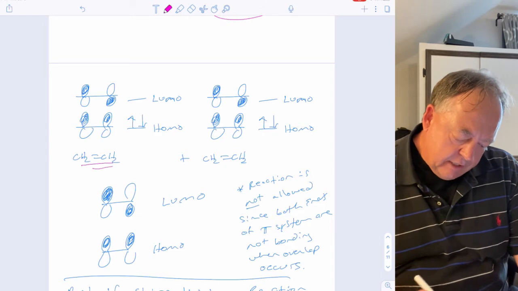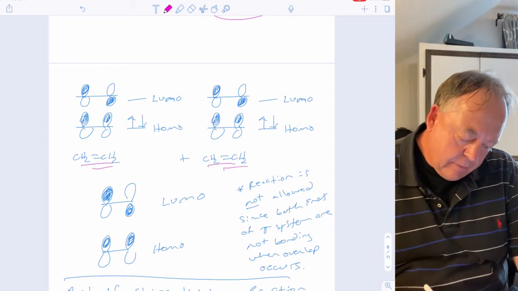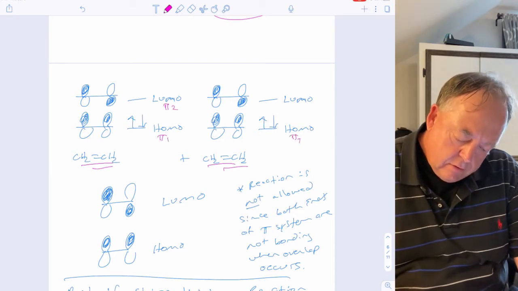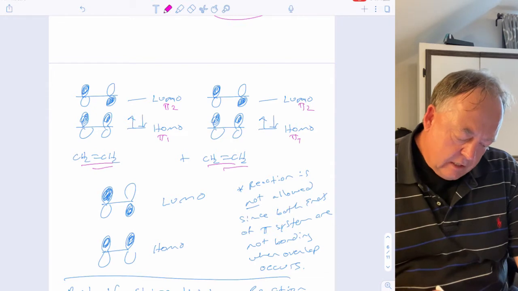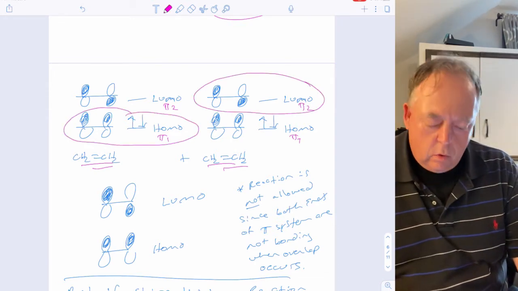So we have 2 alkenes, so the molecular orbitals look the same, right? We have the highest occupied molecular orbital, pi 1, and pi 2 for both. So we need to take the highest occupied molecular orbital for one and the lowest unoccupied molecular orbital for the other.